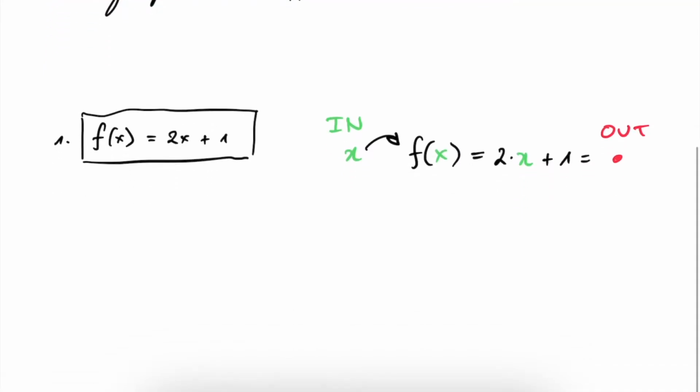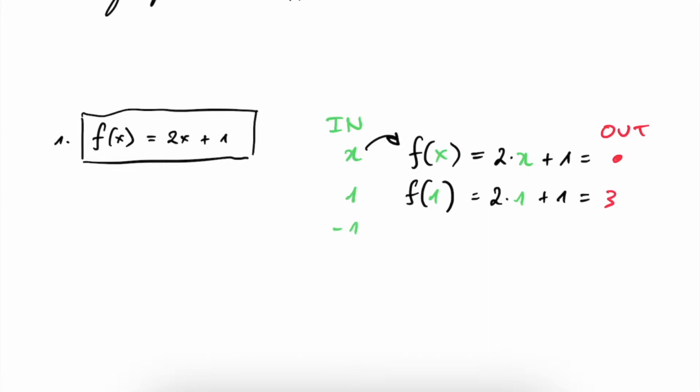Let's take, for instance, x is equal to 1. Then we have f of 1, which is equal to 2 times 1 plus 1, which is equal to 3. Let's, for instance, take minus 1, because we're in no means limited to only positive numbers.